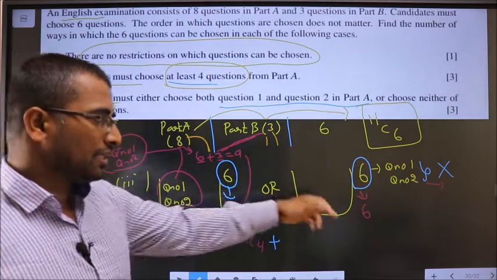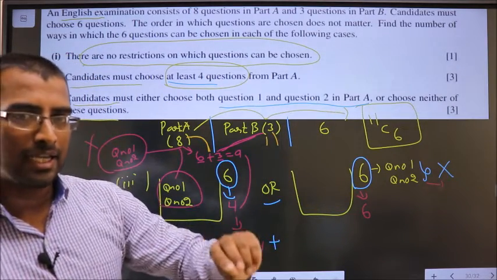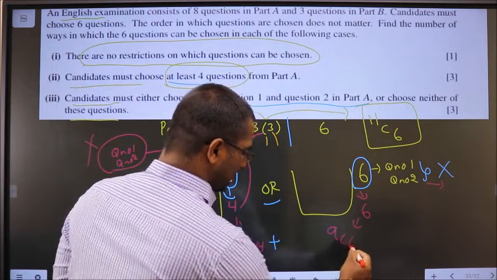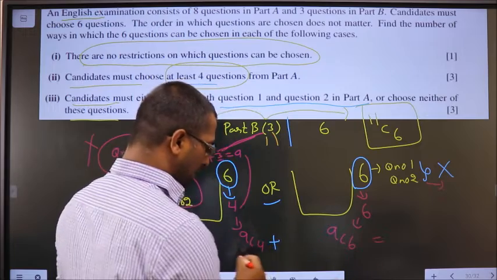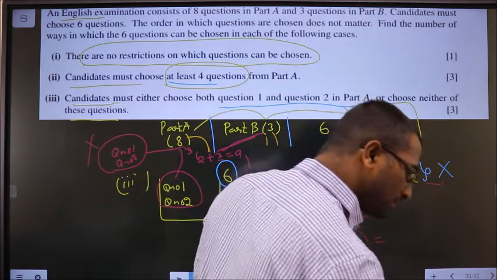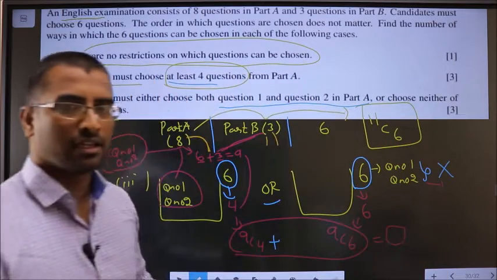From these 9 questions, he needs to select 6. That can be done in 9C6. So your final answer will be to add these 2. Whatever you get, that will be your answer. Clear?